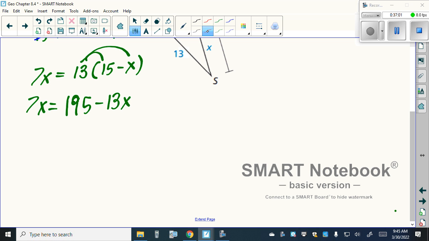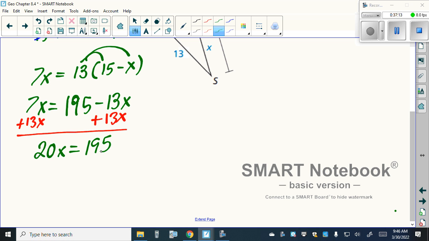Well, the next thing we would need to do is to add 13x to both sides, which will tell us that 20x is equal to 195. Divide by 20. And then we get that x is 5.25.